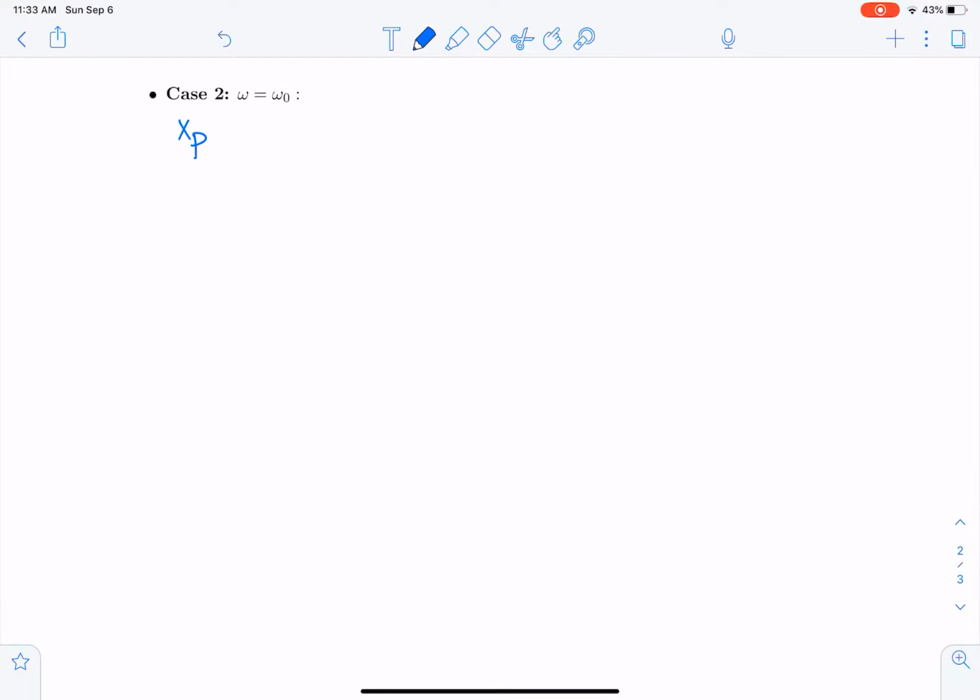our particular solution, we need to note that the forcing term is part of the homogeneous solution.